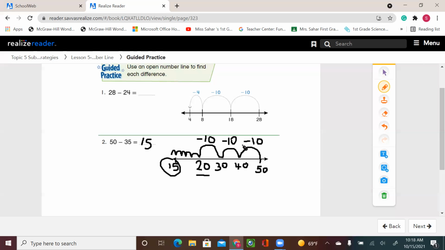But if you like it this way, if you feel it's more comfortable for you and you know that your answer is right, you can do that. If you want to make sure that my answer is right, I can add 35 plus 15. If my answer is 50, that means I did the right job.